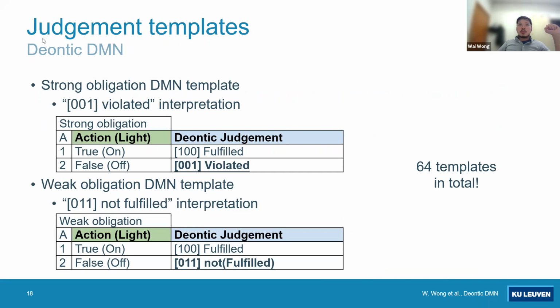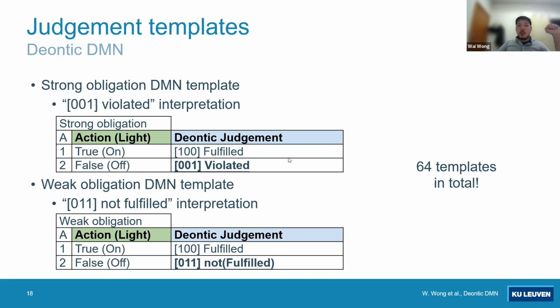So let's come back to how we are going to solve this in what we call the Deontic DMN. One way we can think of is to give them a template. For example, in the obligation, although we have two different interpretations, they are quite fixed. If the action is true, then you are fulfilling your obligation.